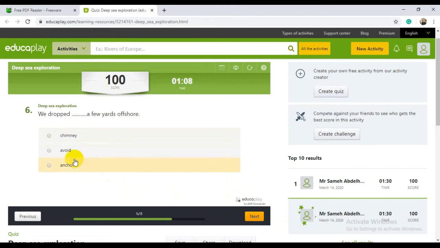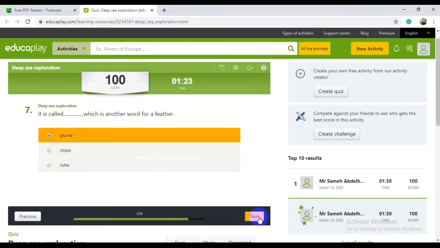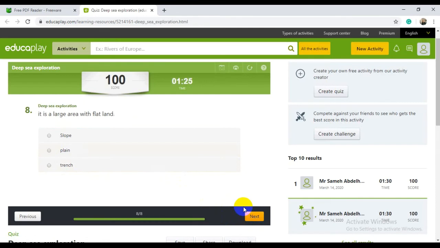It will be anchor. It's a word which is another word for a feather. It will be plume. Right. It's a large area with a flat land. It will be plain.